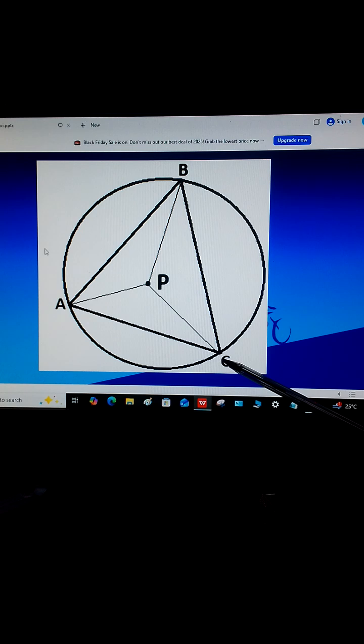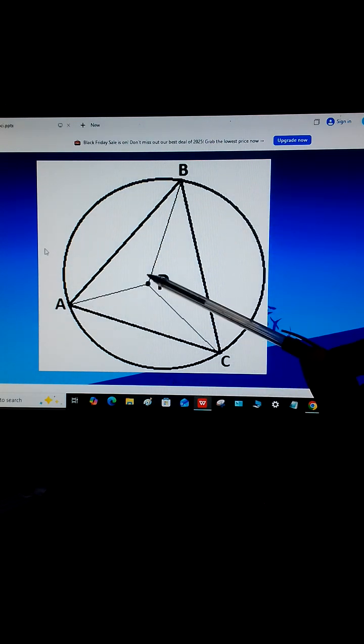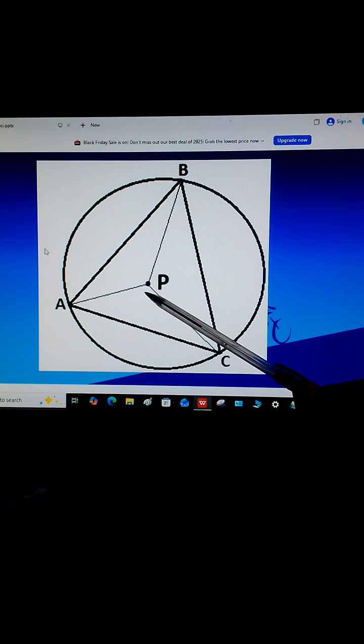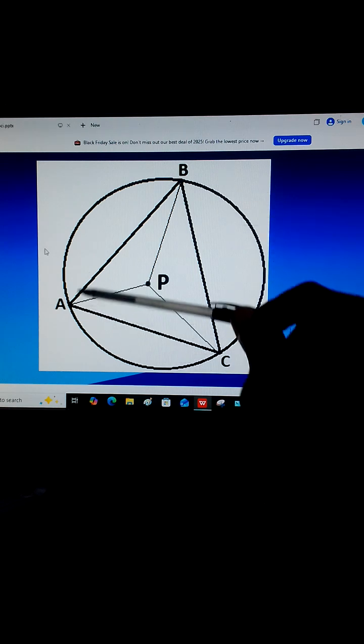That point will be the center of the circumcircle. So P will be here. This is the locus of the point P that is equidistant from the vertices A, B, and C of triangle ABC. It is going to be the center of that circumcircle.